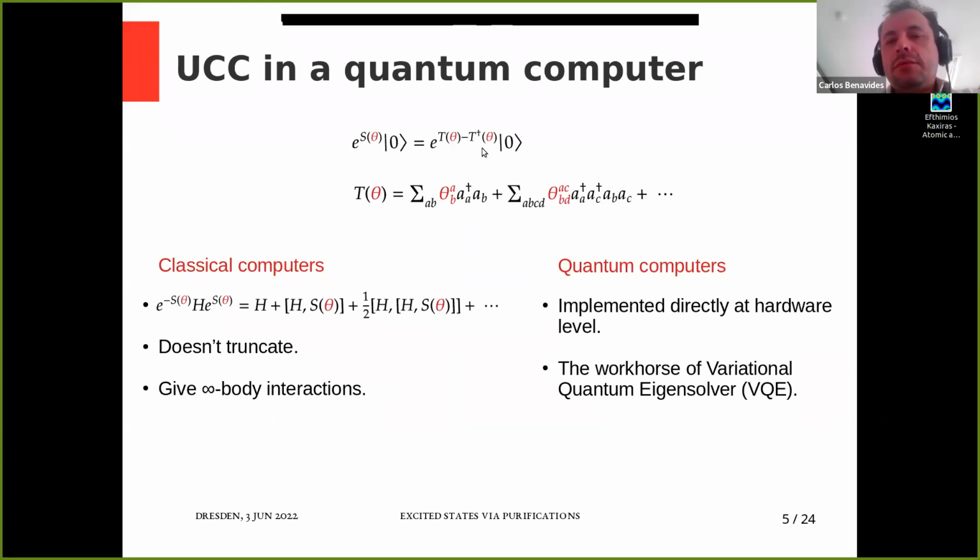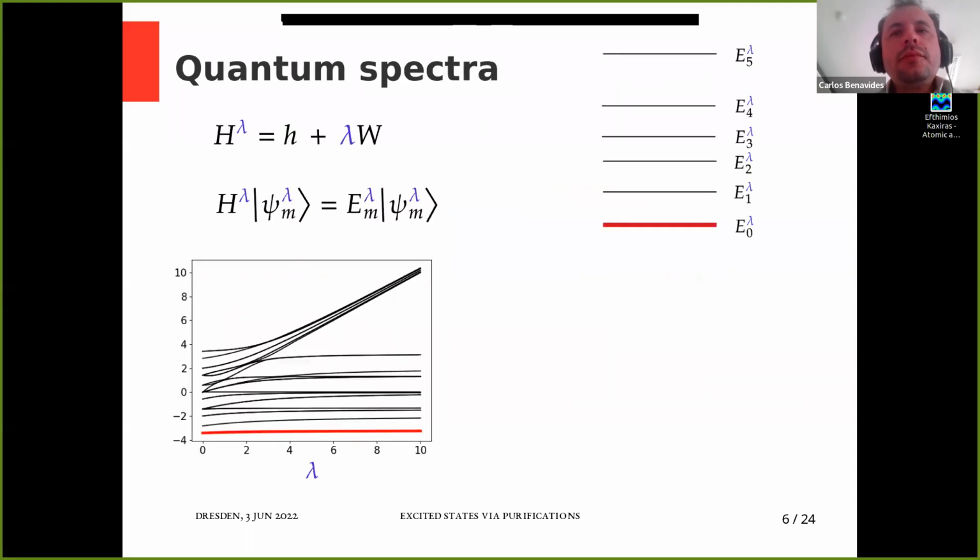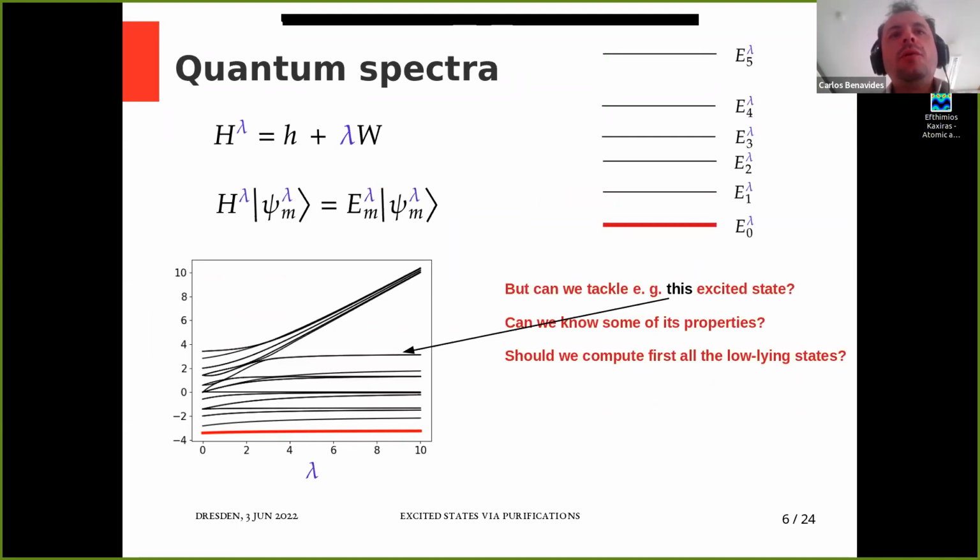This is, as we know, the workhorse of the variational quantum eigensolver, and this is the promise of one of the near-term applications of quantum computing for chemical systems. So to sum up, this unitary coupled cluster is very well designed for the application of quantum computing to quantum chemistry applications.